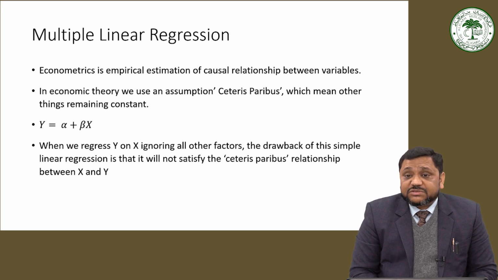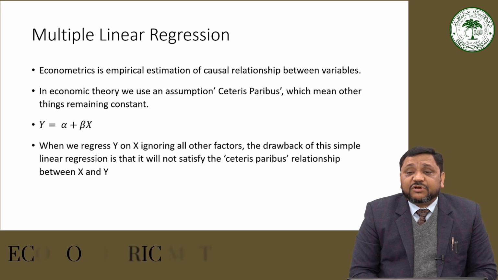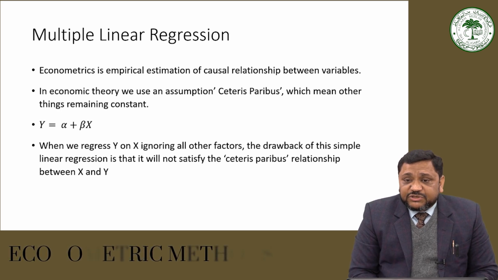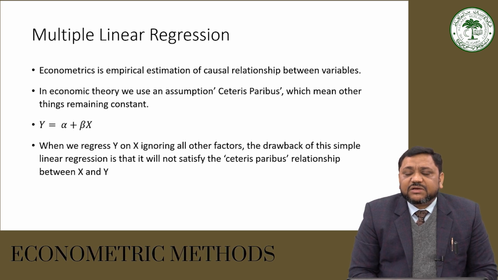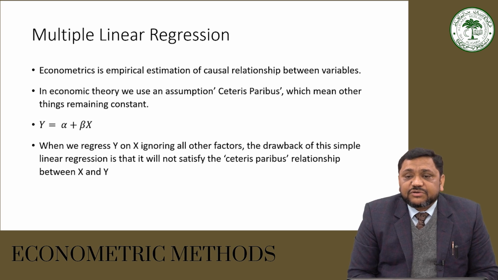But this is not the correct expression of the law of demand. The correct expression is: when price increases, quantity demanded decreases, comma, ceteris paribus, that is, other things remaining constant.